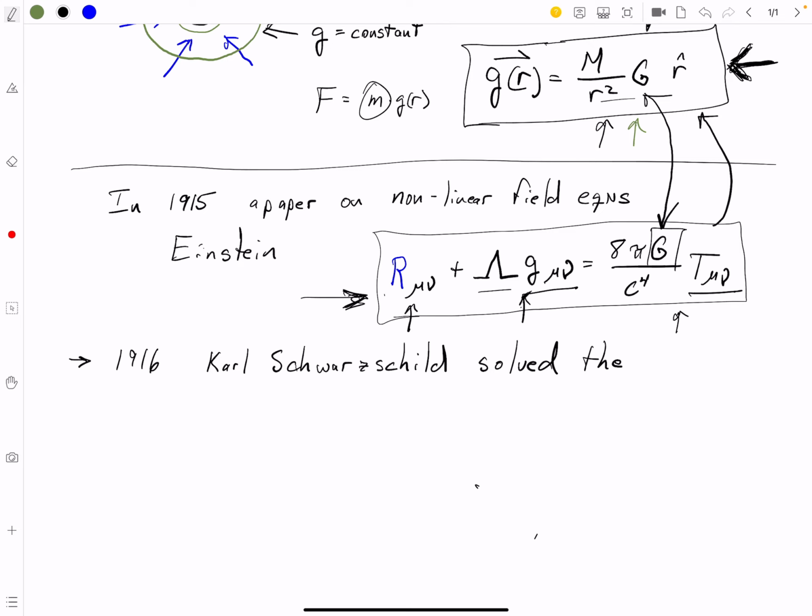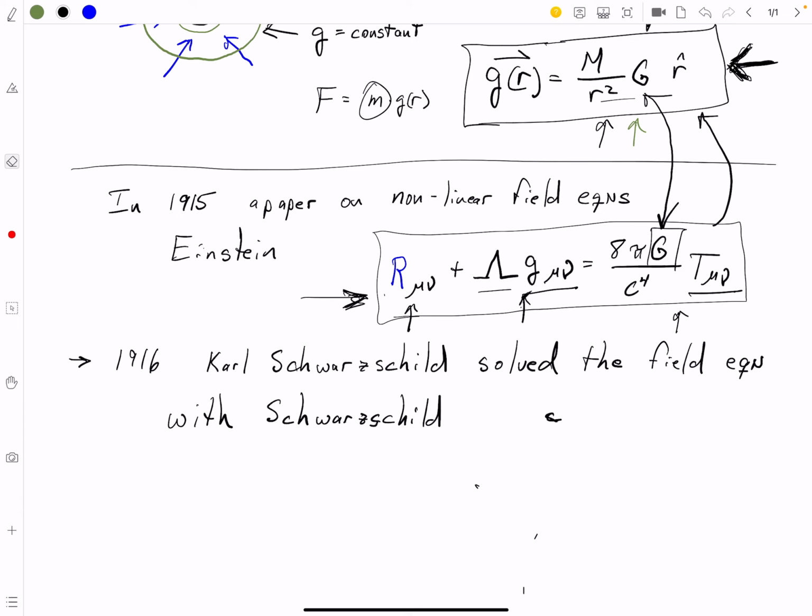He solved the field equation with what is now called the Schwarzschild metric.